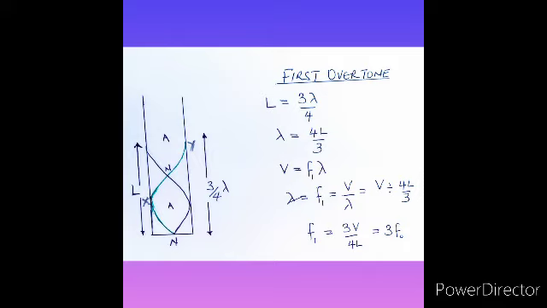So making F1 the subject of formula, we have F1 equals V over lambda, which is V divided by 4L over 3, and that means our F1 equals 3V over 4L, and that is equivalent to 3F naught. So the first overtone for the closed pipe is equivalent to the third harmonic of the fundamental frequency.